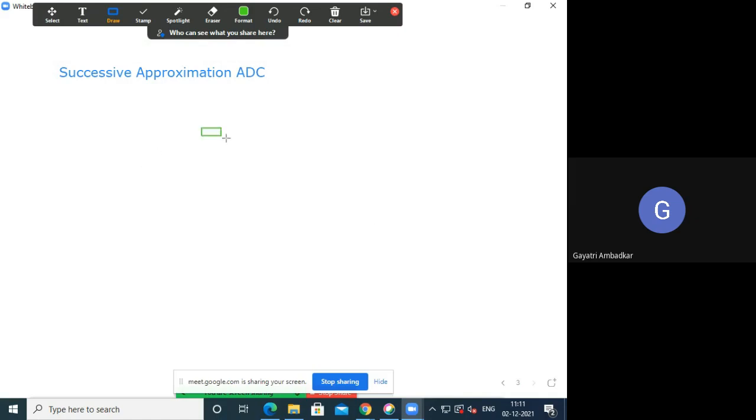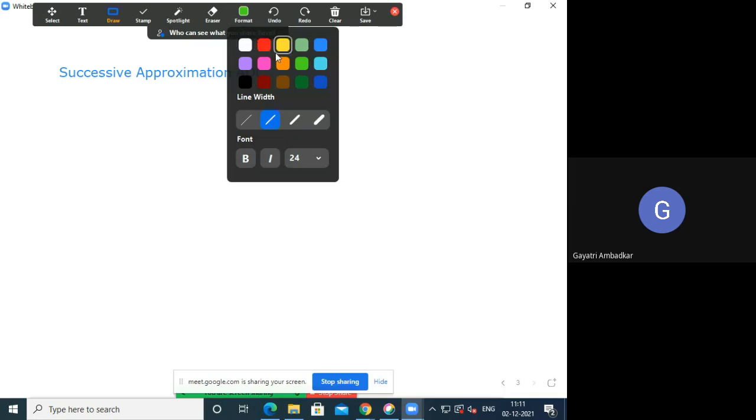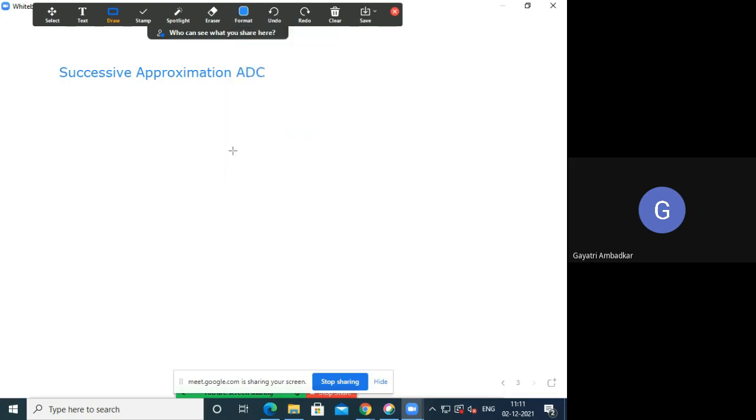So we'll be using a successive approximation register.